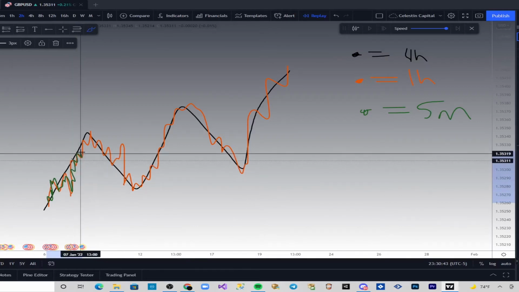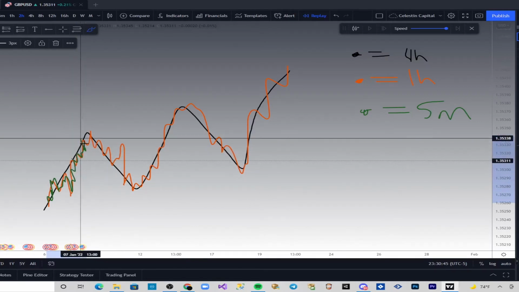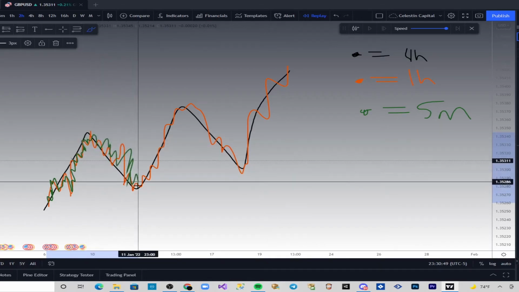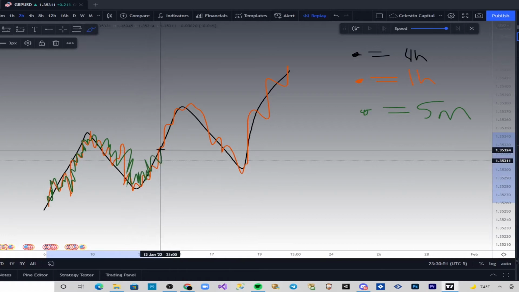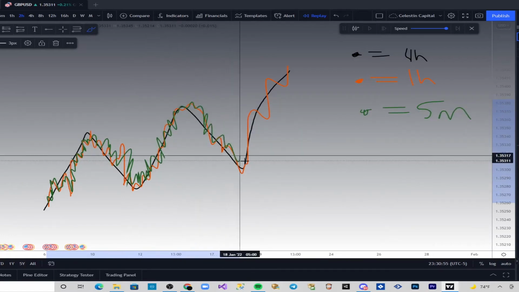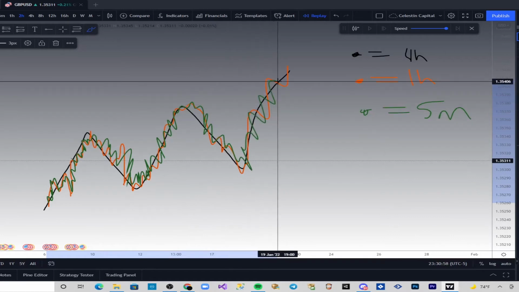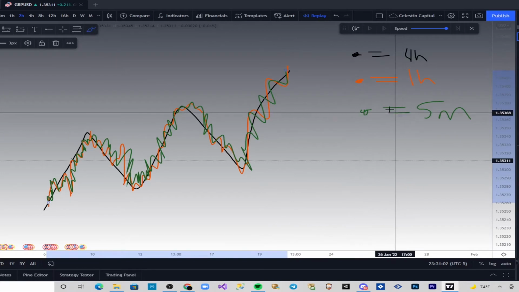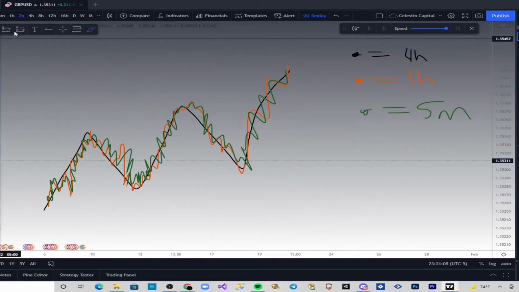Now, for directional bias, you may see it breaking structure to the upside, downside. You may see something even crazier than the 1 hour, right? But ultimately, it's still following the 1 hour and the 4 hour. So, directional bias is being able to look at the bigger picture, which is what?